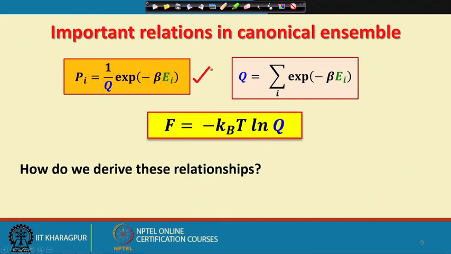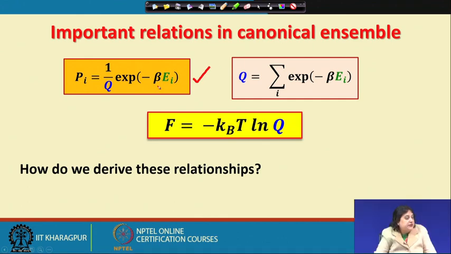We can think about now what is the probability of the ith microstate in this system in terms of temperature, in terms of the energy eigenstates that we are talking about, and the canonical partition function Q. And knowing this at the microscopic level, we can calculate all possible thermodynamic properties using this bridging relationship.